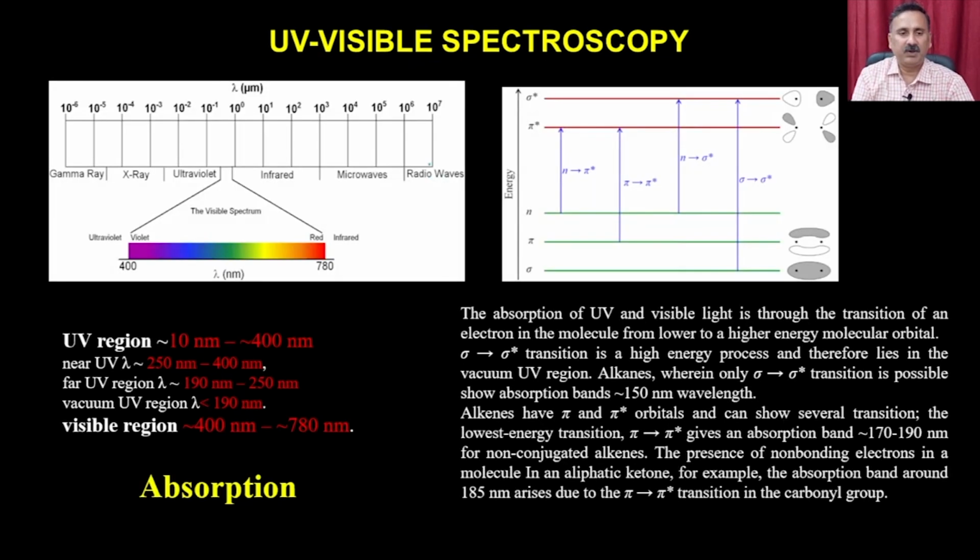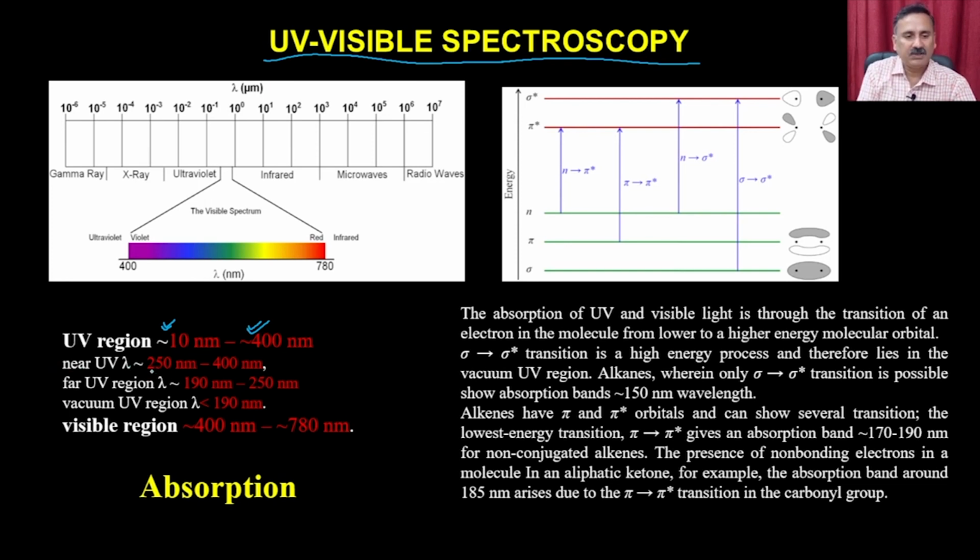UV visible spectroscopy is a technique where you are going to work under the range which starts from the UV range and goes up to the visible range. The UV range starts from 10 nanometer to 400 nanometer, and within it you have the near UV range as well as the far UV range.